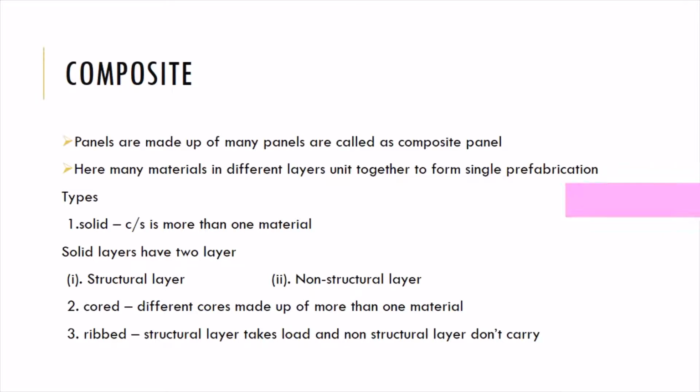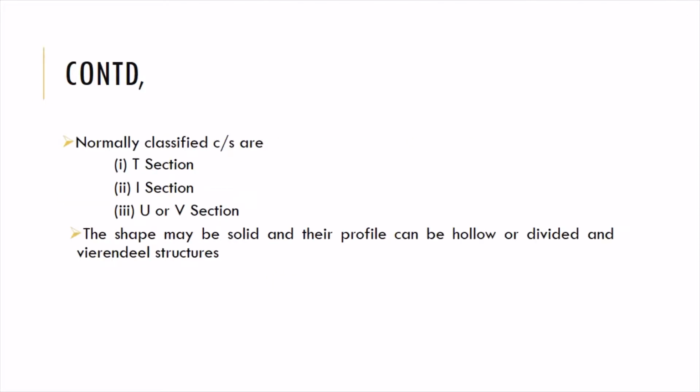Now we are moving on to the next part, where we classify things based upon their sizes. Normally in our site conditions we cast the columns in the shape of a square or rectangle, because for a rectangular section the framework and shuttering are very easy compared to I section, T section, U section or V section.